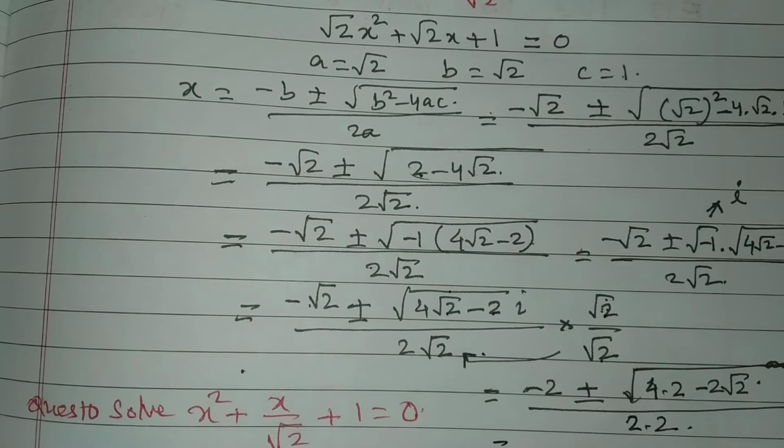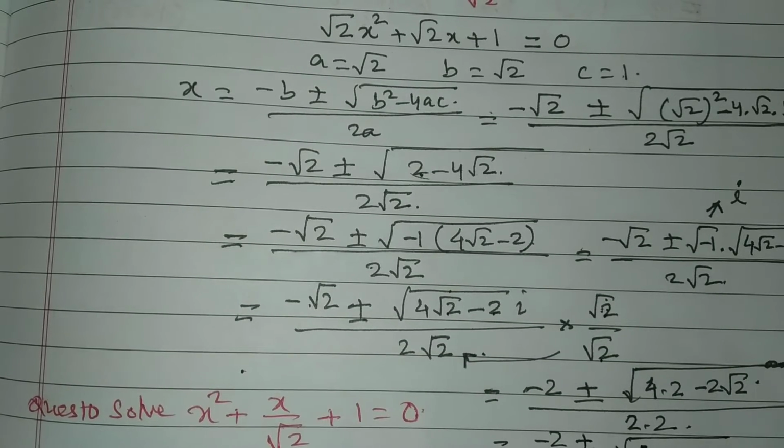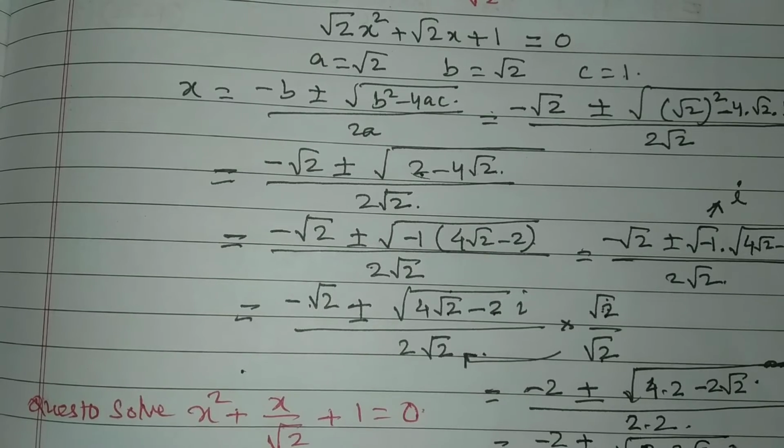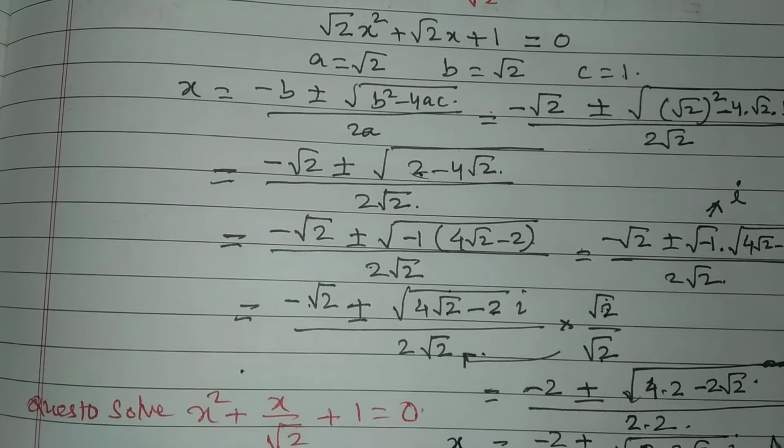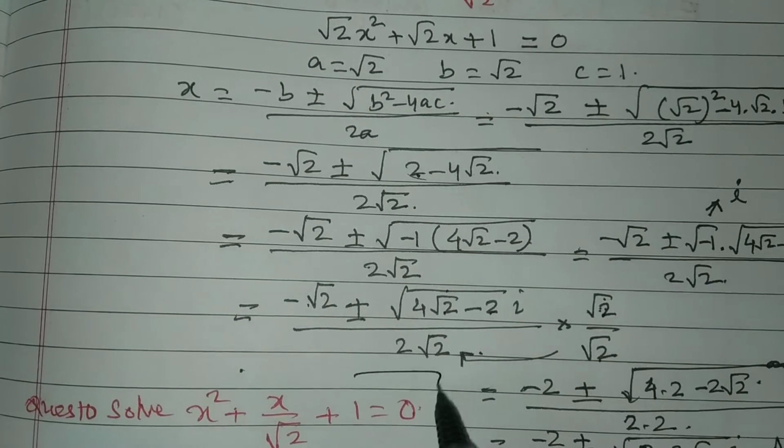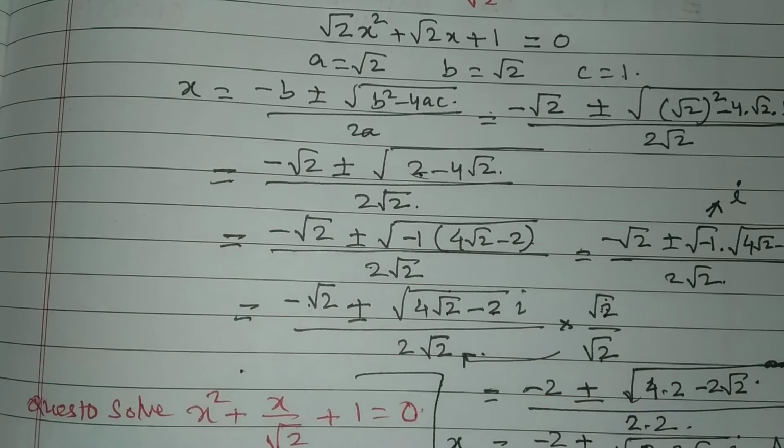So it is equal to minus 2 plus minus root under 8 minus 2 root 2 iota divided by 4. So this is the answer of this question. So hope you will understand it.